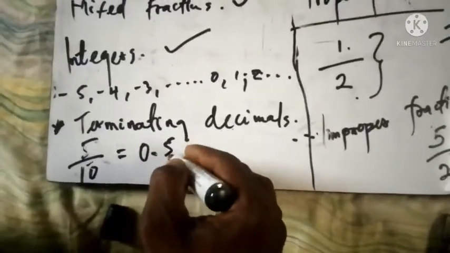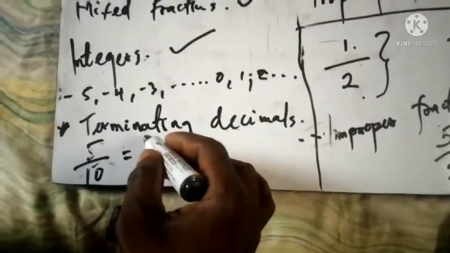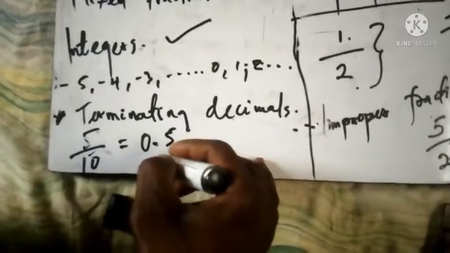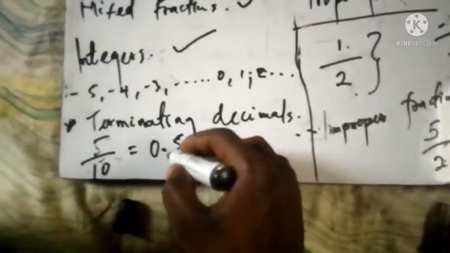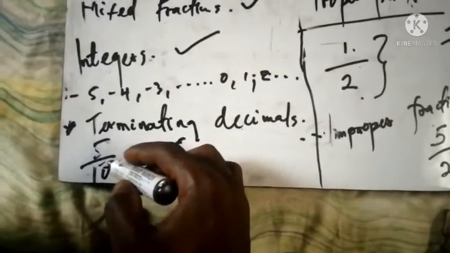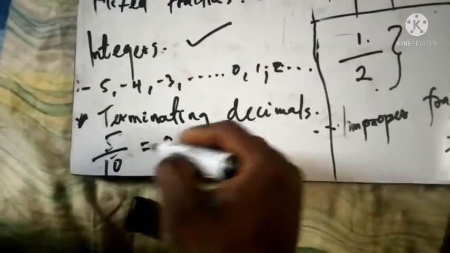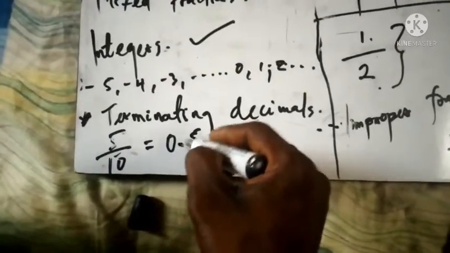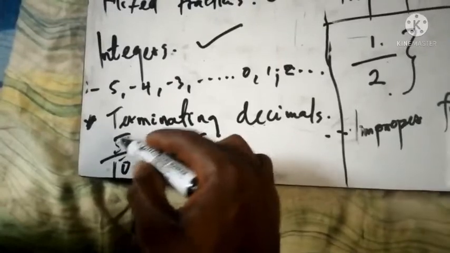There's no additional number apart from the 5. That is why the name comes in: a terminating decimal is a decimal that has an end. So when I have something like this, I can rewrite it as a rational number. This is the real definition of a rational number: something over something.